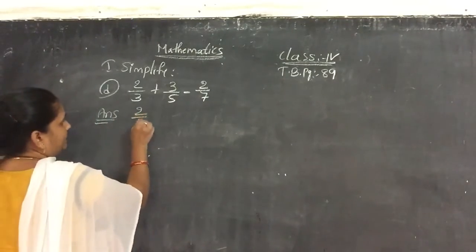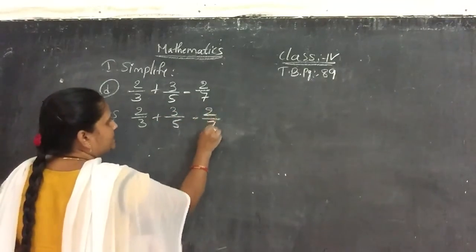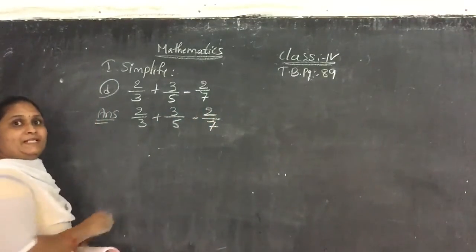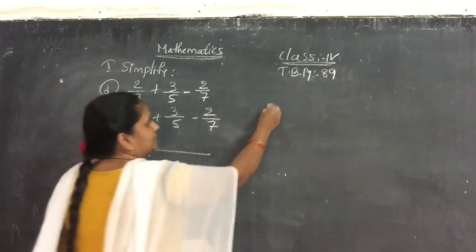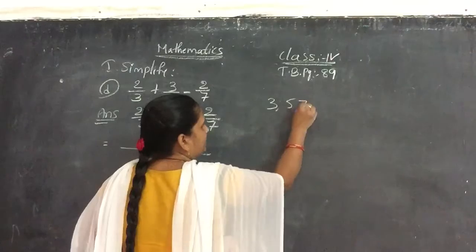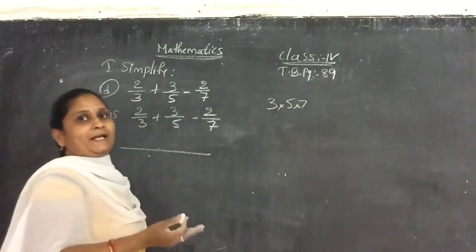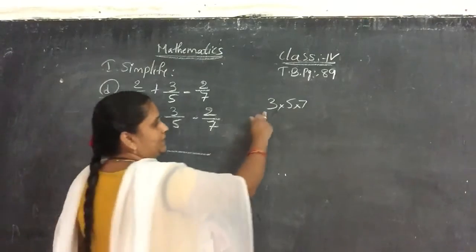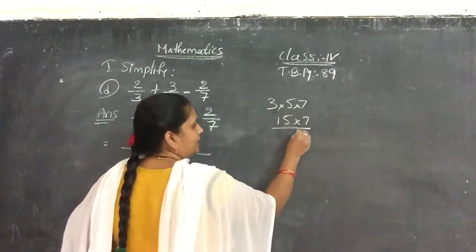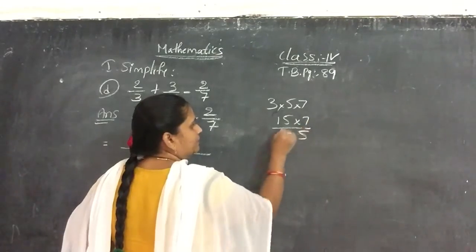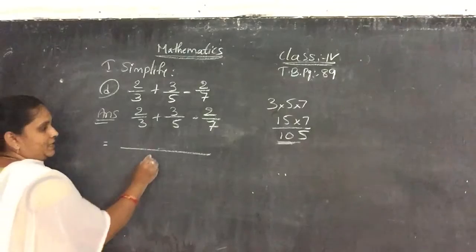So write 2 by 3 plus 3 by 5 minus 2 by 7. If you take the LCM, you will be getting 3, 5, 7. As 3, 5, 7 are prime numbers, directly you can multiply. So 3 fives are 15, into 7. 7 fives are 35 and 70, so 105 is the denominator. Right?